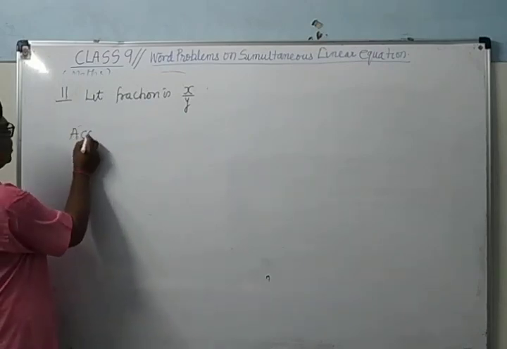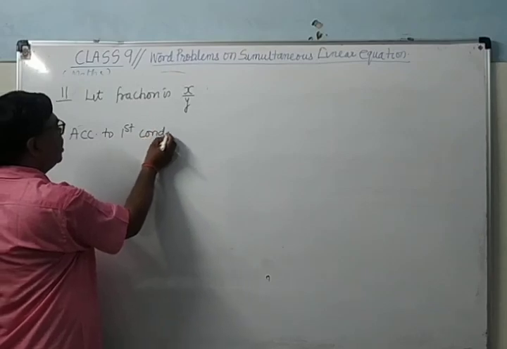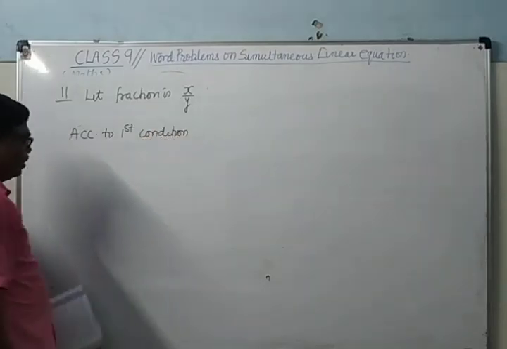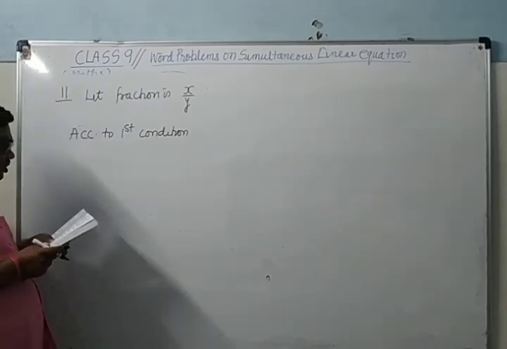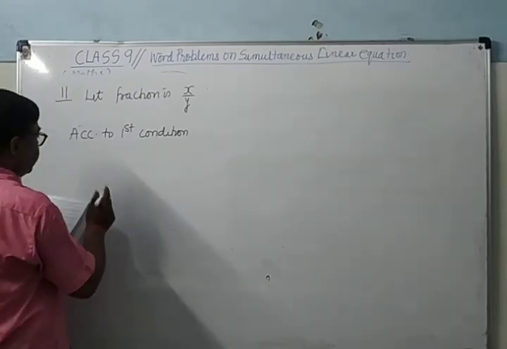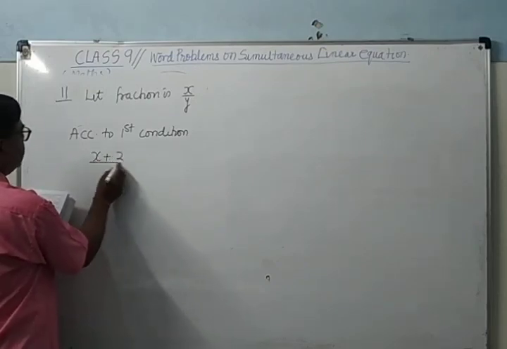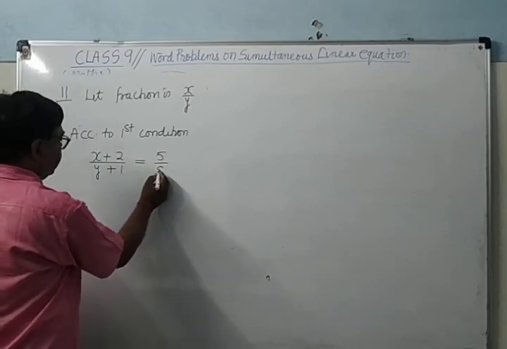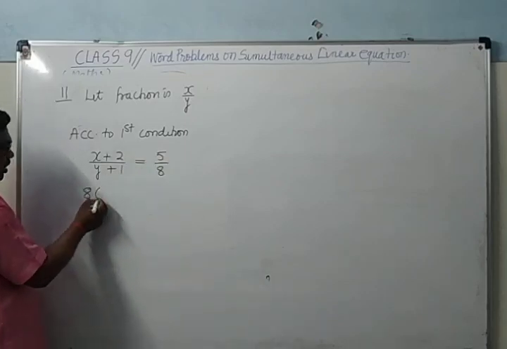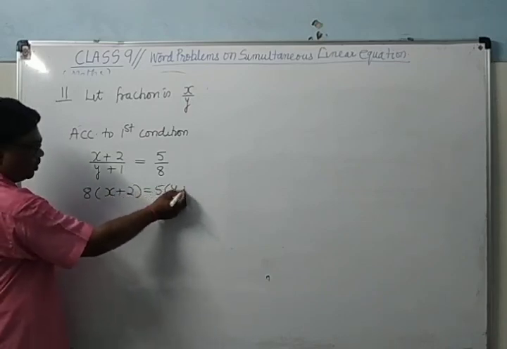According to the first condition, in the question it is said that the numerator is increased by 2 and the denominator by 1. So x plus 2 divided by y plus 1 becomes 5/8. So it is 8 times (x plus 2) equals 5 times (y plus 1).